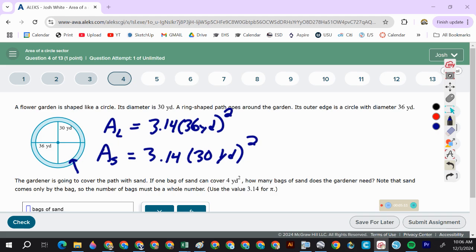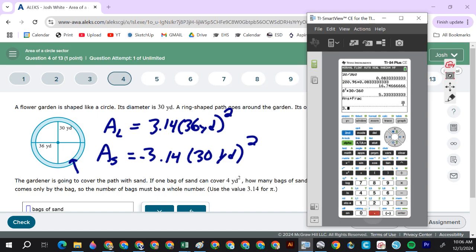So I need to subtract those. So 3.14 times 36 squared minus 3.14 times 30 squared. And I get the area between them is 1,243 square yards.